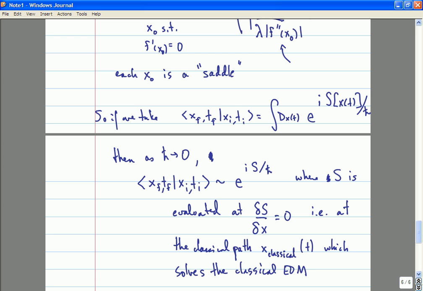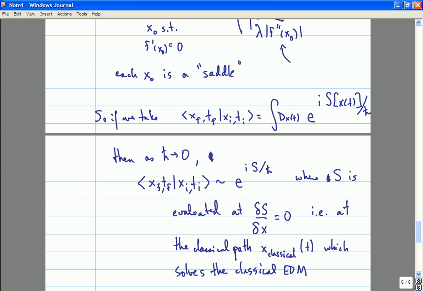So we know that based on the general composition property of unitary time evolution operators, the propagator must be a path integral. And by looking at the semiclassical limit, we have been able to make an educated guess for what the integrand of that path integral should be.